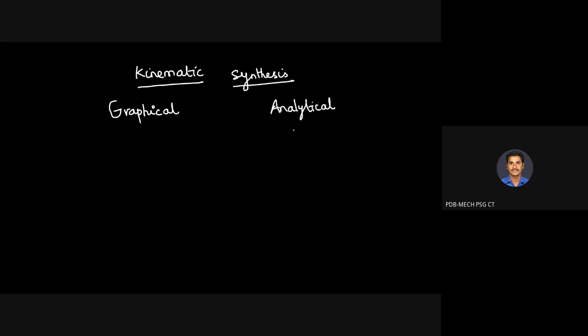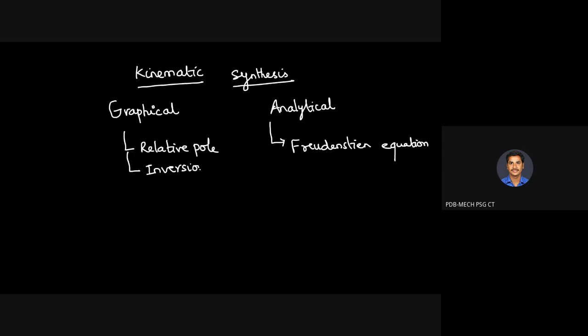In analytical approach, we discussed about the Freudenstein equation constant, and in graphical approach, we are having three methods, namely relative pole method, the second method is inversion method, and third method is overlay method.